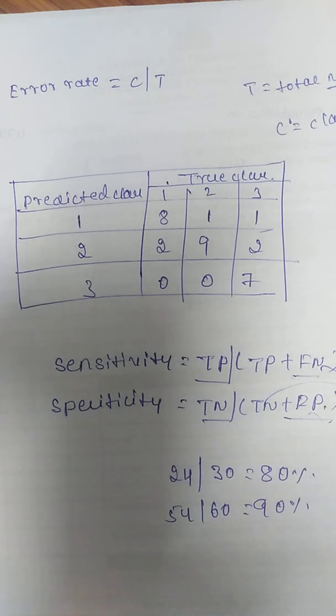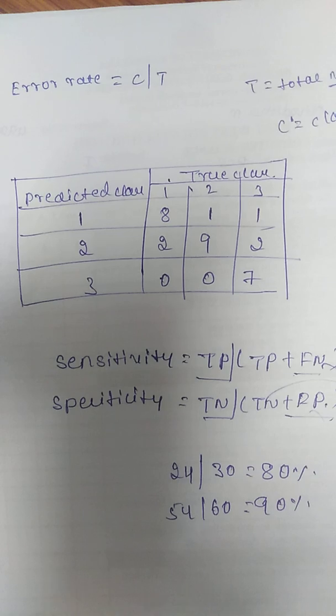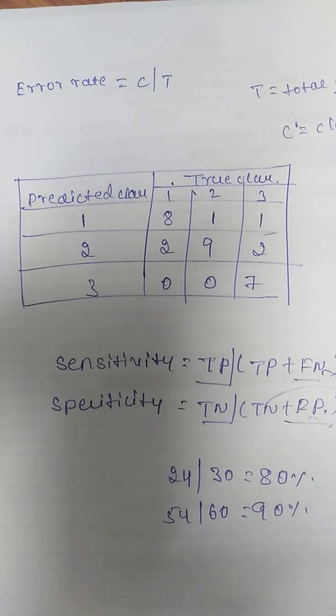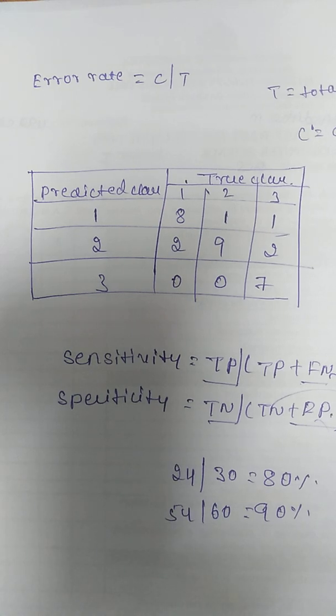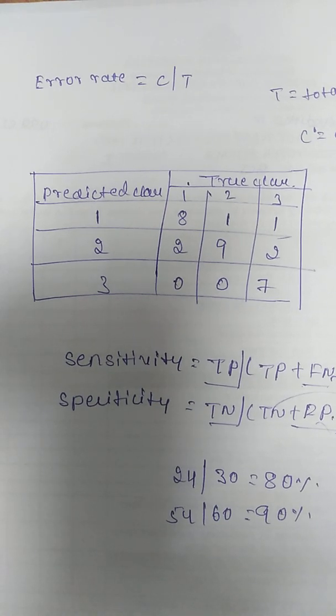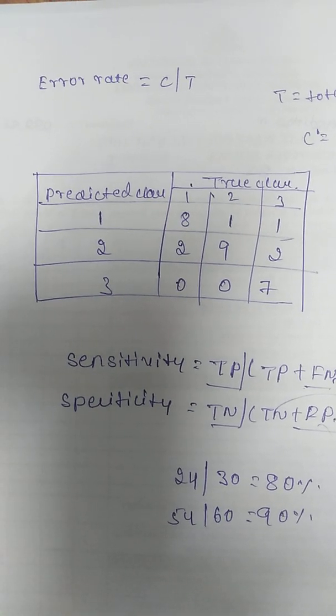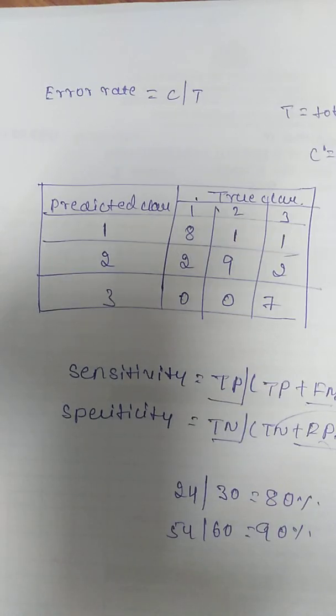In your accuracy method, we can find out the total positive, total negative, false negative and false positive.